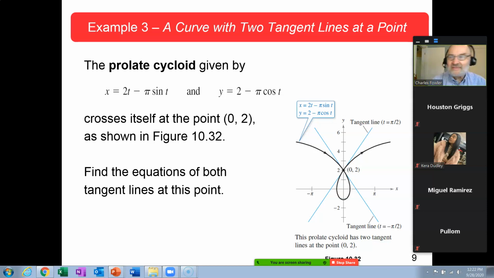The prolate cycloid x is equal to 2t minus pi sine t, and y is equal to 2 minus pi cosine t. Okay, that forms this cycloid. Now they drew it for you, which thank you very much. I appreciate that.